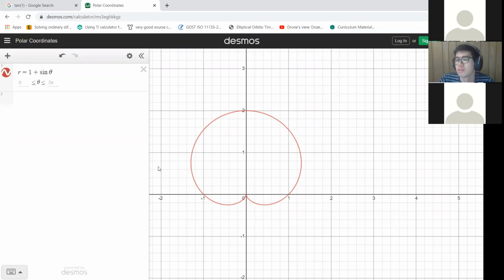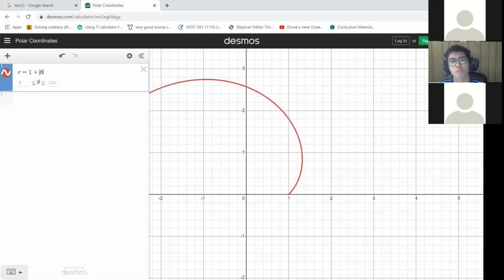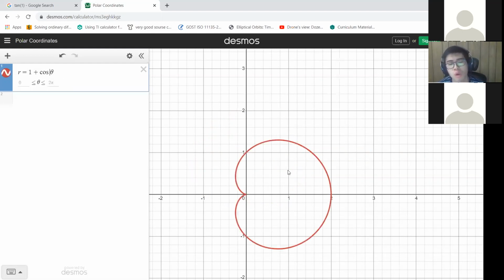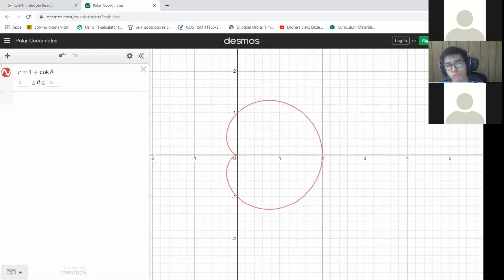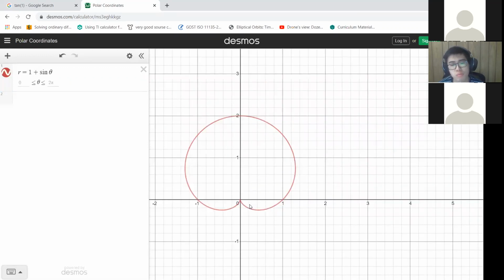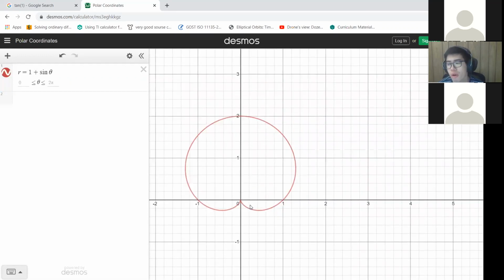It's upside down if you're using sine. You saw that if you use cosine, you get a different direction. But in our example, this is sine. So this is your graph. This is the cardioid.